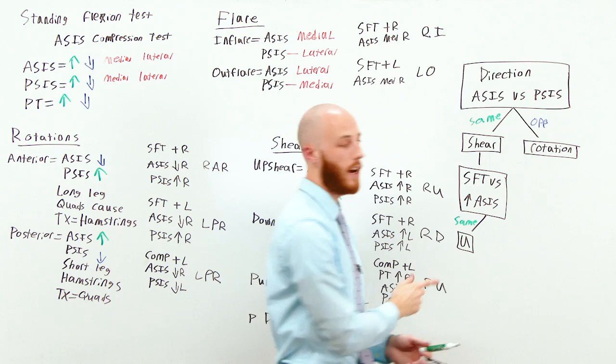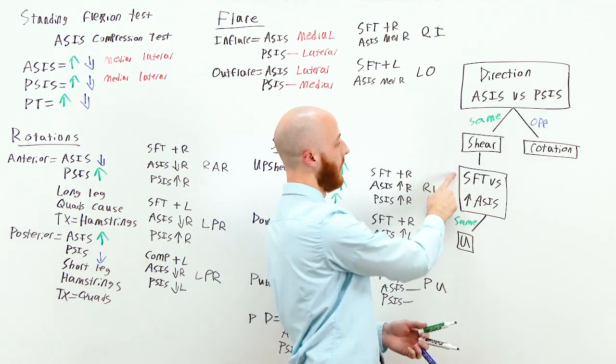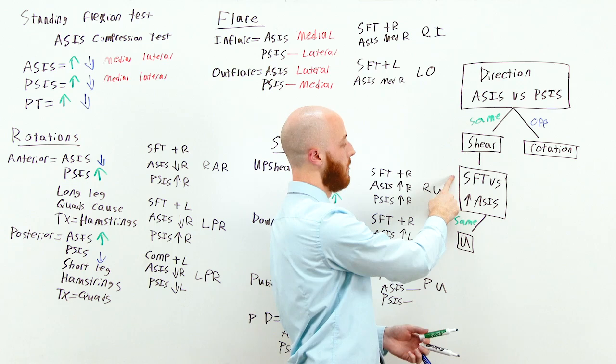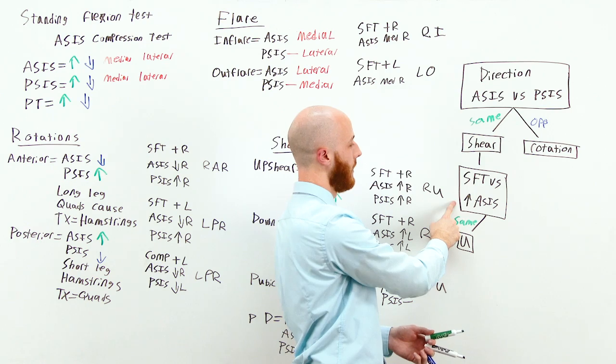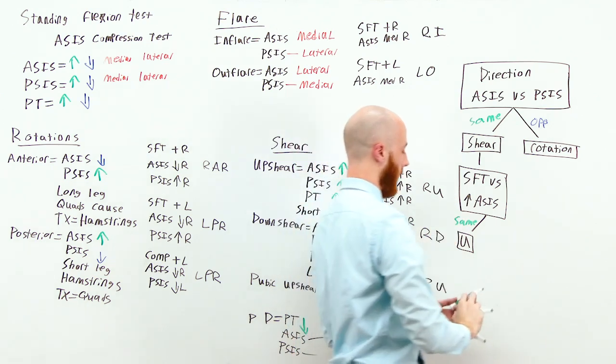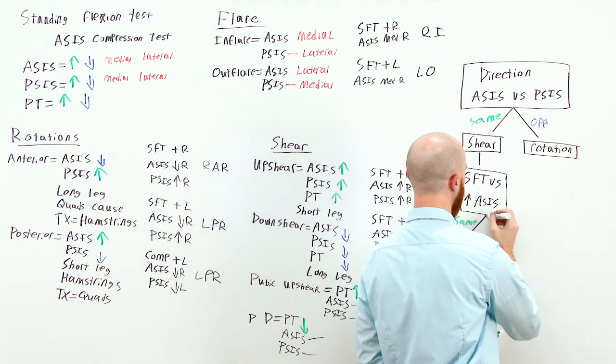If it's located on opposite sides, so let's say the standing flexion test is positive on the left, but the superior ASIS is located on the right, that means that you're going to have a down shear.